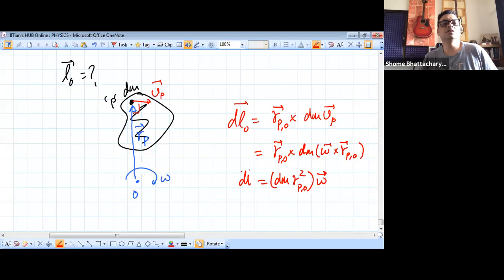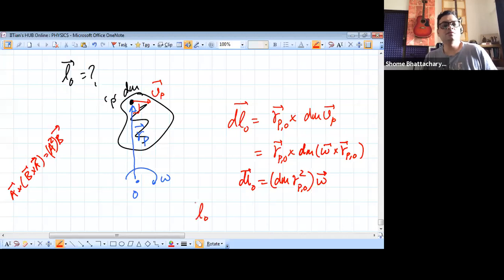We're just using a property of the triple product that A cross B cross A will just become A squared. So that is this.